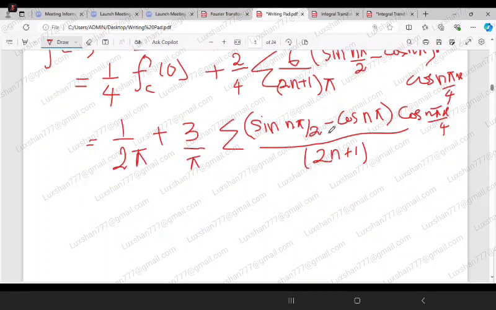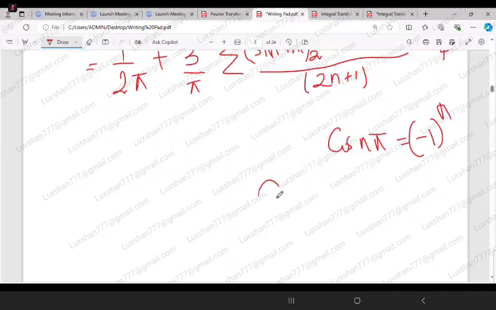And if you can do some simplification here, it is better. We know that cos(n pi) equals (minus 1) to the power n. Another thing is sine. Please try this. What is the answer of sine(n pi by 2)? Can anybody tell me?